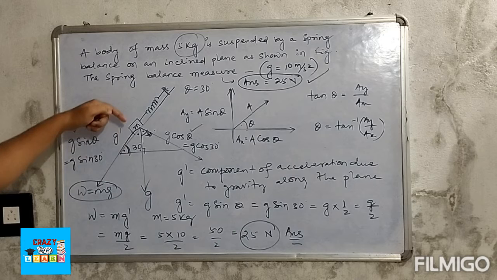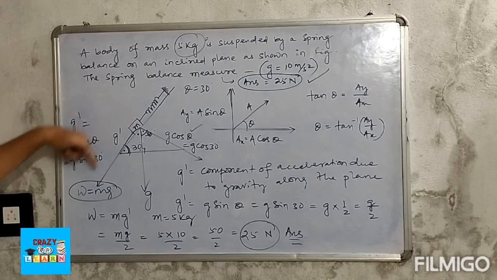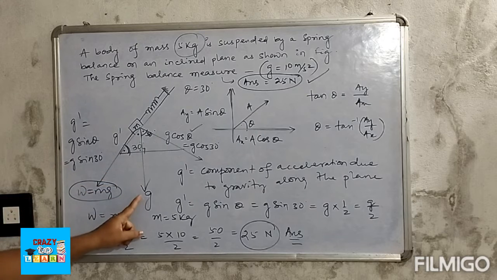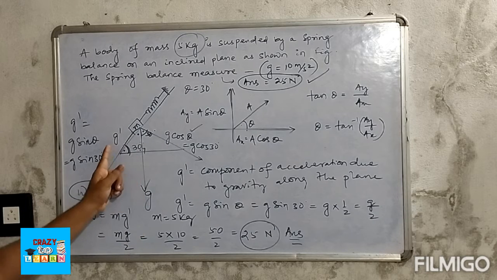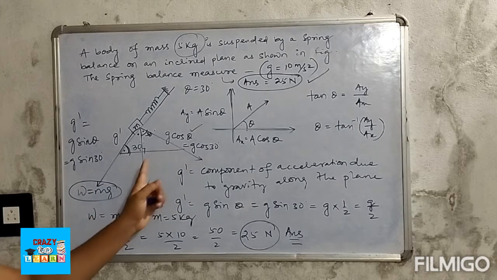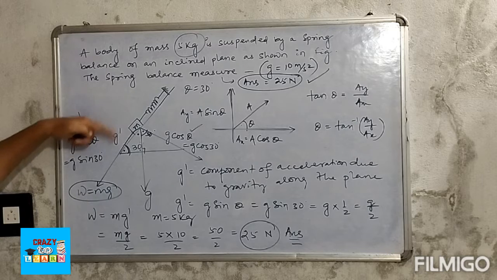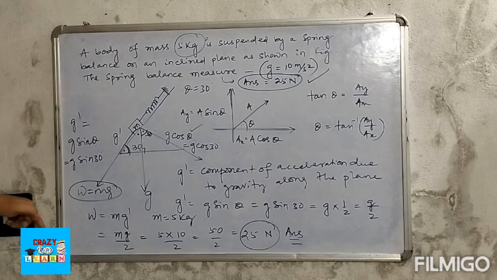But the spring balance measures along the plane, so you have to take the component of acceleration due to gravity along this plane, not along the downward direction.